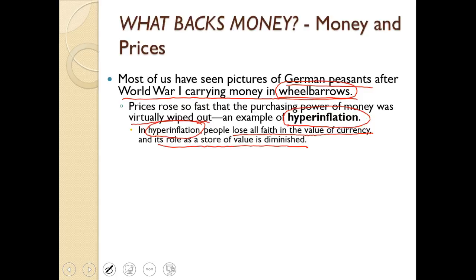Basically, whenever this happens, people realize that the price of goods is going up at such an alarming rate that the dollar that I have today will not buy the same amount tomorrow, and people lose all faith in this value. This currency is becoming essentially worthless overnight.